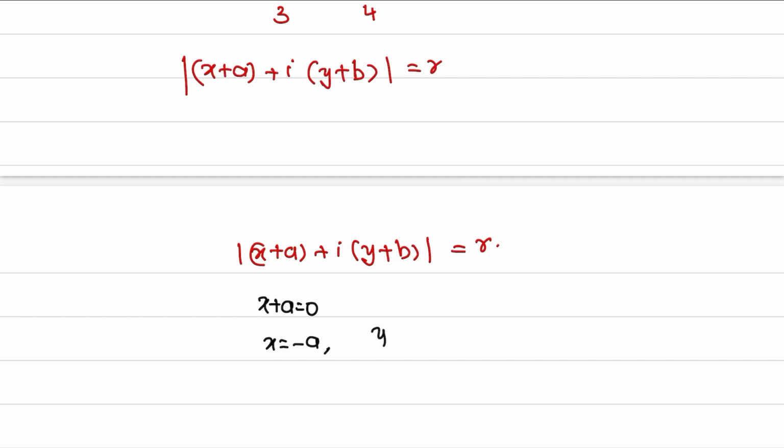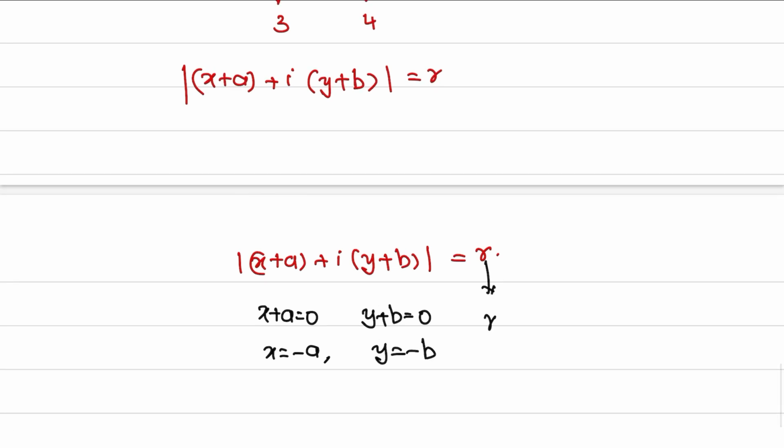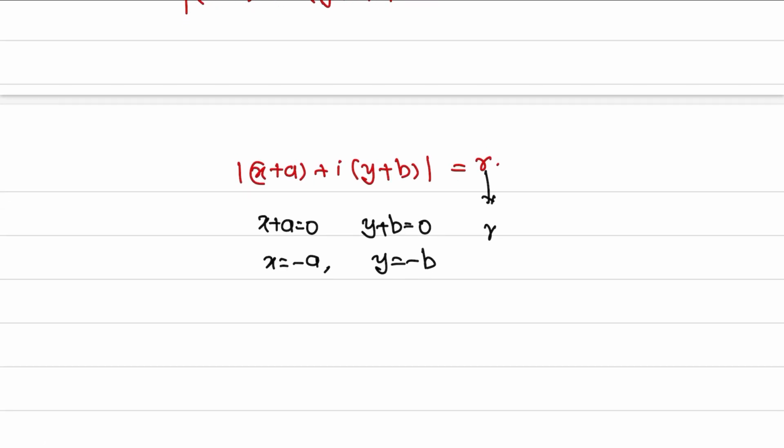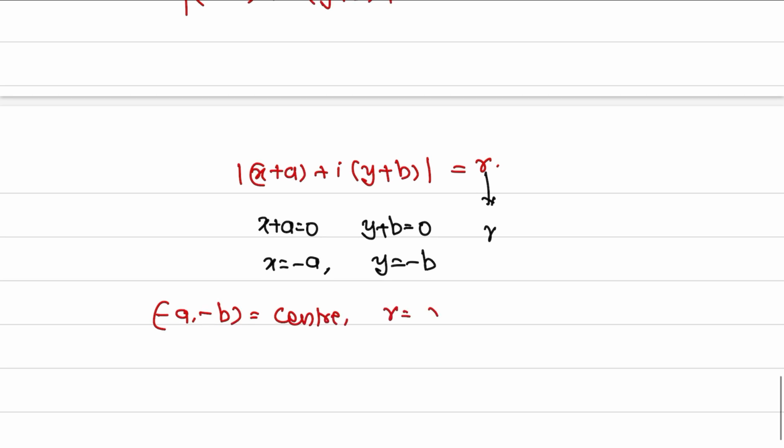This is the center. Y plus b you equate to 0, you will get y is equal to minus b. R you keep as r only, so for this type of representation, (minus a, minus b) is the center and r is the radius.